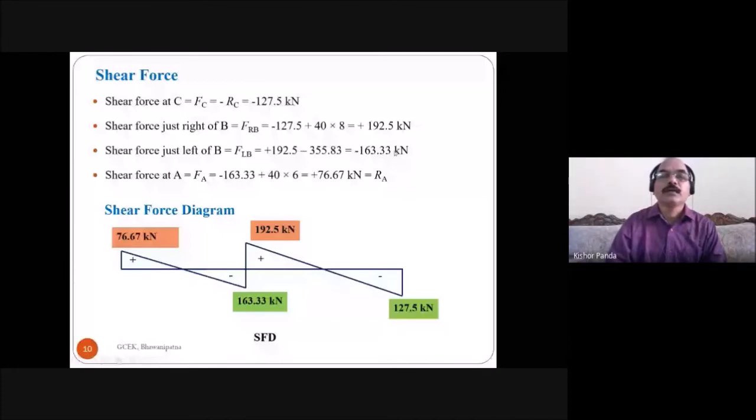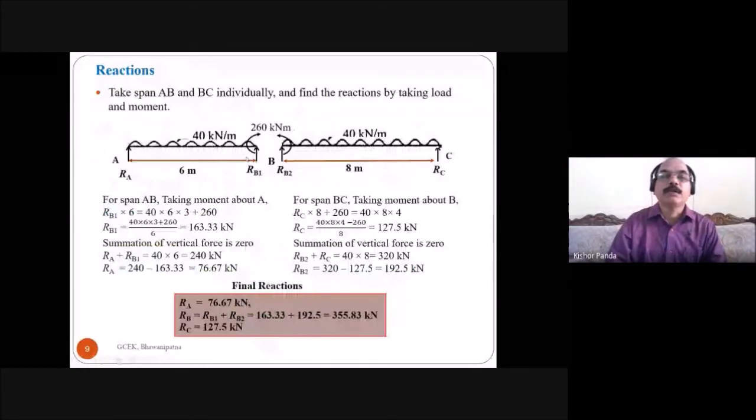Then what is the shear force just left side of B? You know the reaction at B is the total reaction due to this span and this span, but you have to find the shear force just left of B. RB is equal to 355.83 kilonewton.